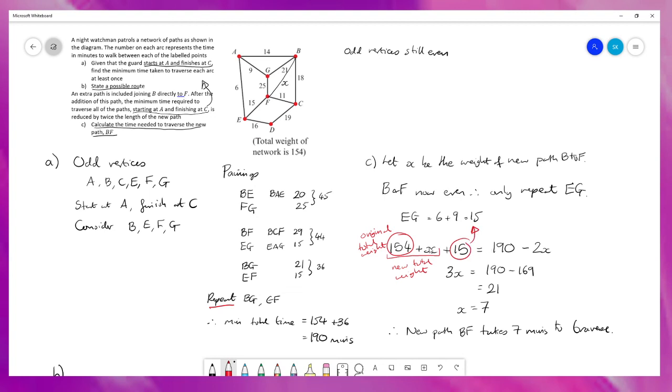Okay? This bit here is what students tend to forget. So go, okay, the whole thing's 169, so 2x is 21, so x is 10.5. Okay? Don't forget to include this new weight. If you find you're doing a lot of questions like this and you forget, then when you add this new arc here, make a note to yourself that the total weight has changed as well.